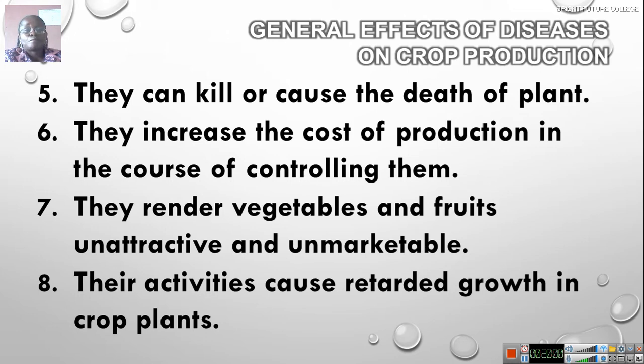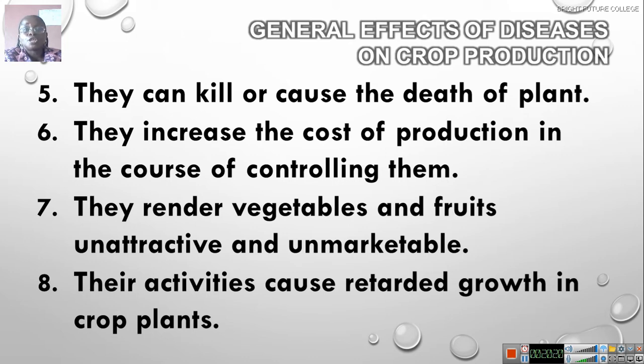That is to say, a mere look at the vegetables and fruits will not attract the customer, and the market value will also reduce. Number 8, their activities cause retarded growth in crop plants.